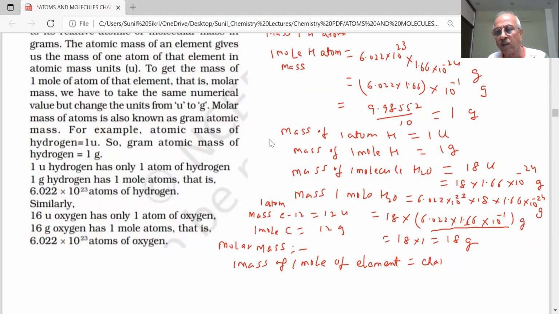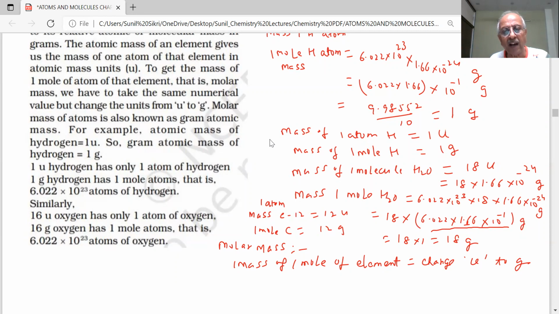Change the units from U to grams. Okay? Change U to grams. That will be the mass of 1 mole of the element. Or if I have a compound, then that will be the molecular mass. What we call it? This is called the atomic mass.